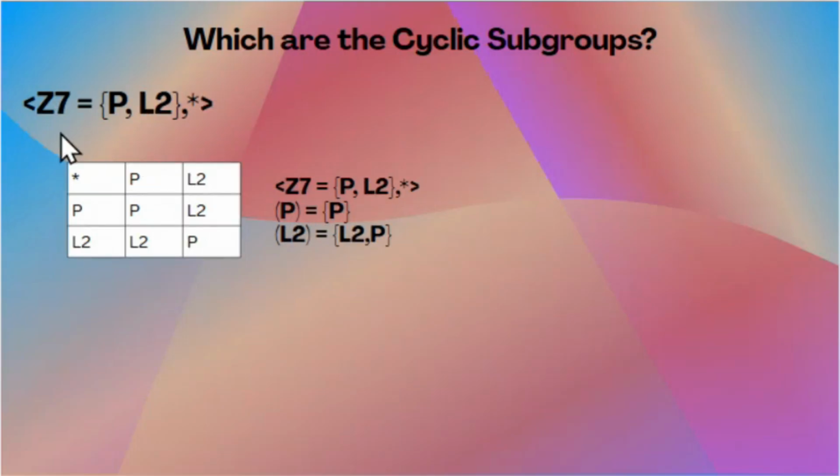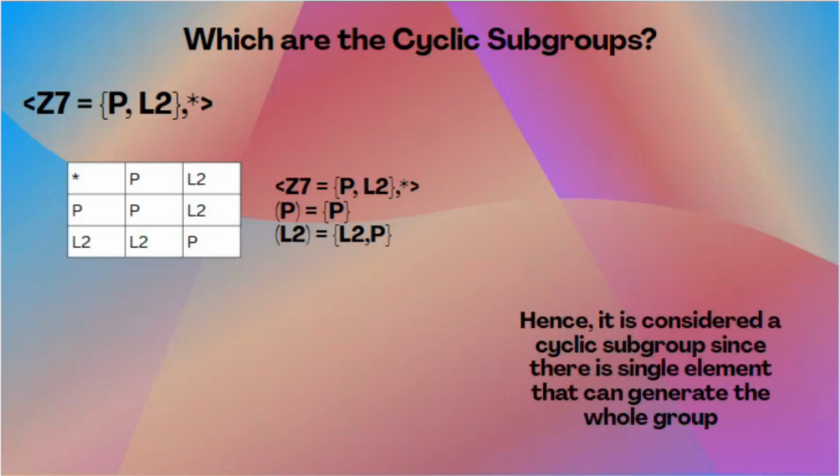For C sub 7, it is equal to P and L2 under binary operation star. So P star P is equal to P. L2 star P is L2, and L2 star L2 is P. So therefore, it's a cyclic subgroup because we have L2 that generates the whole group.